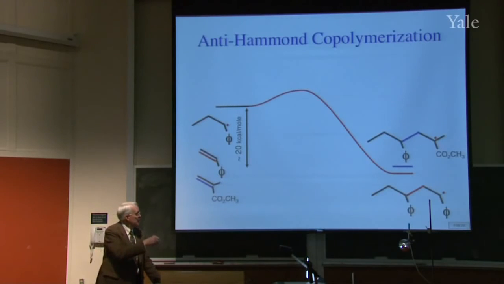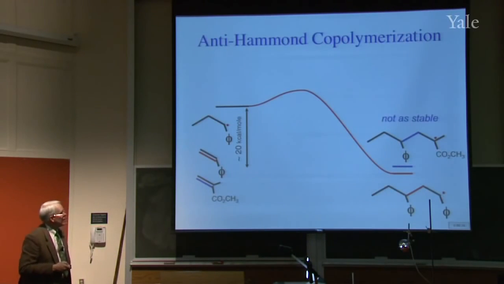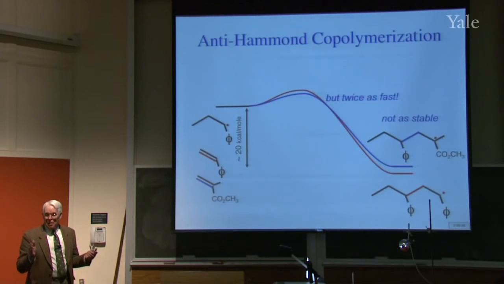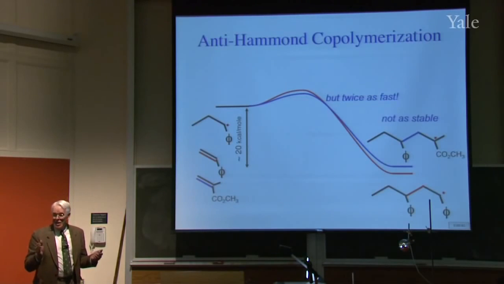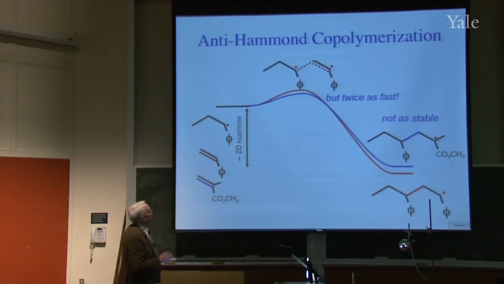This one doesn't have as much allylic or benzylic stabilization that you have down here, okay? But it's faster. So it's faster to go to the higher energy product. That's not the Hammond postulate, right? Why is it twice as fast to go to the less stable product?